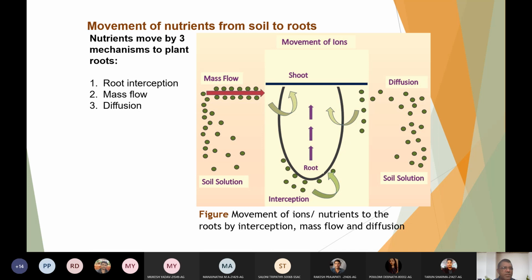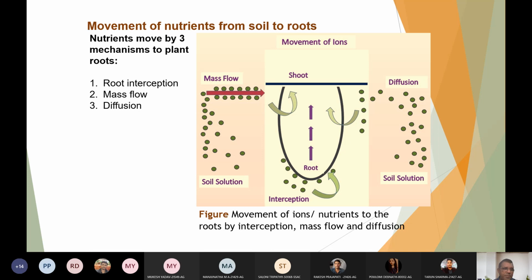Nutrients move by three mechanisms to plant roots. In root interception, the root is in the close vicinity of the nutrient and so it intercepts the nutrient. The other is mass flow and the third is diffusion. You see in this picture how this is happening.